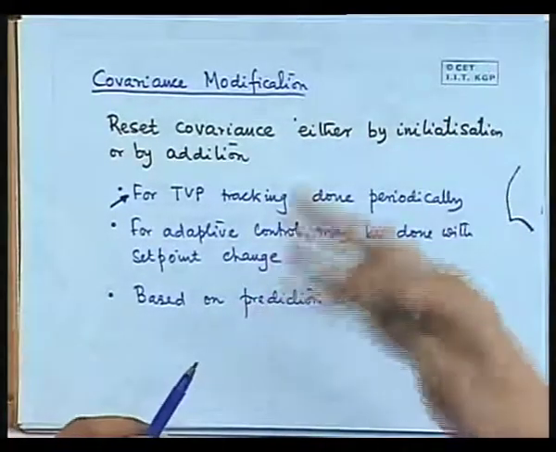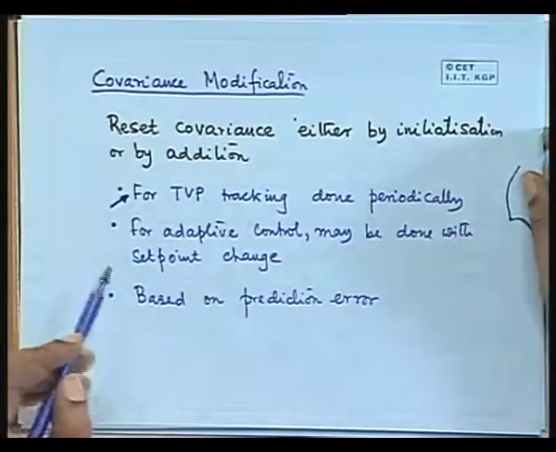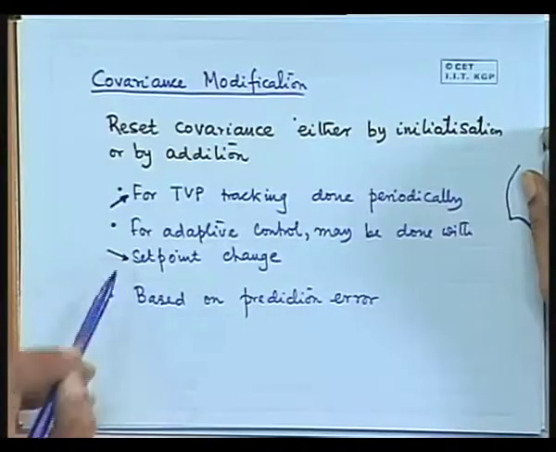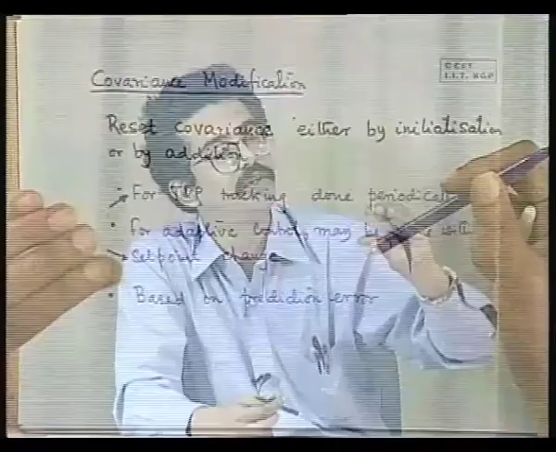Every instant we give a boost, or sometimes when we expect a set point change, that is, if the prediction error goes beyond a certain value and stays for 2-3 instants. If it goes up just for one value, it might be an outlier. But if it stays, that means your model is consistently bad. For 5 samples you are getting large prediction error, which means the parameters need to be changed.